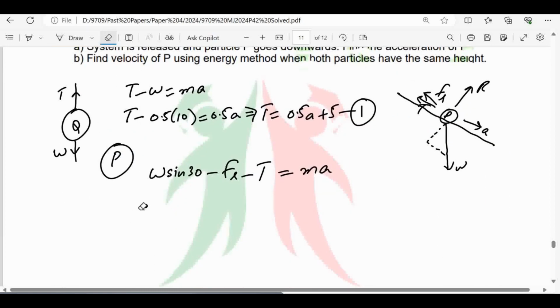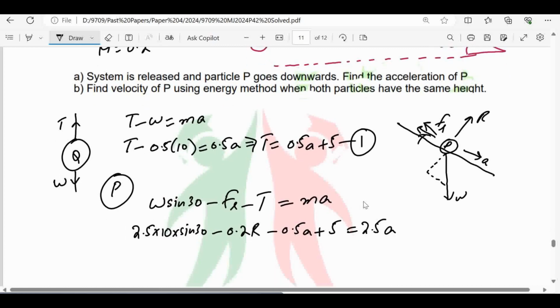So we can write it as 2.5 multiplied by 10 multiplied by sine of 30, minus 0.2 into R, minus T. T is 0.5A plus 5, and this is equal to 2.5A. Now what about R? How can we simplify R?